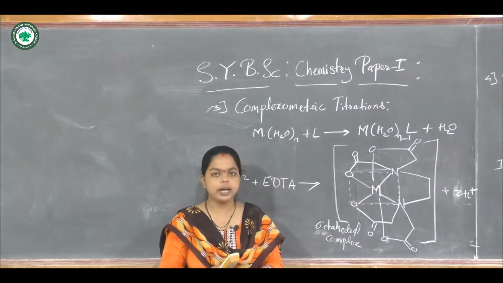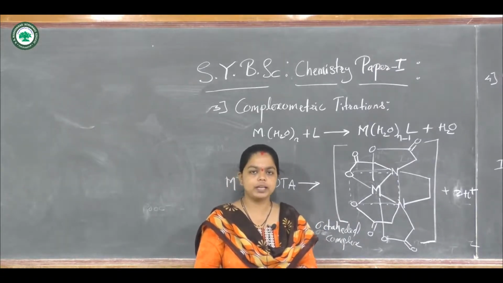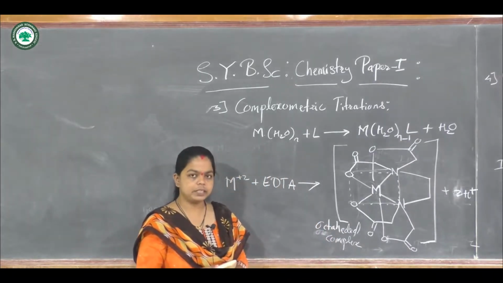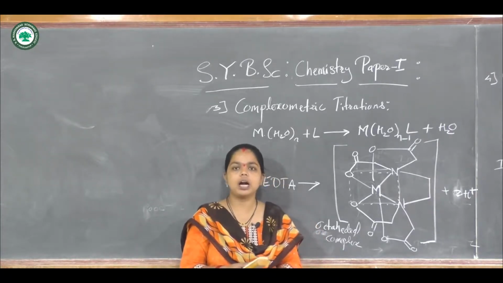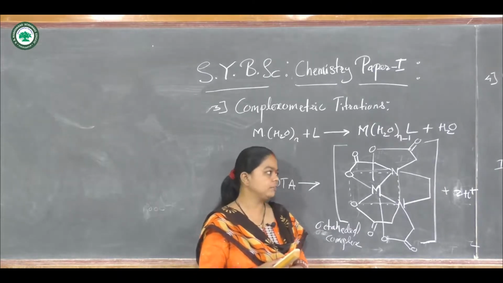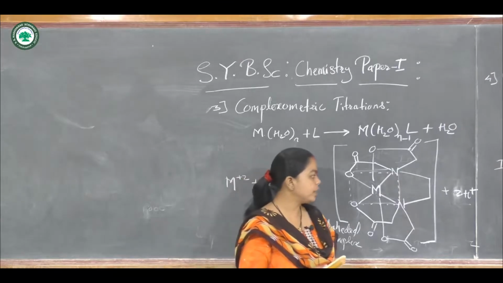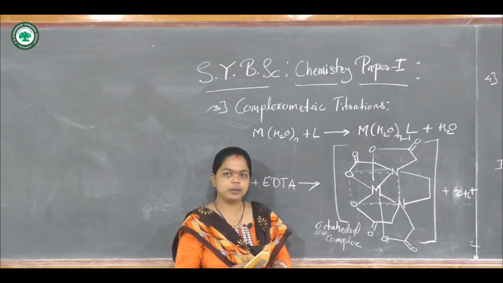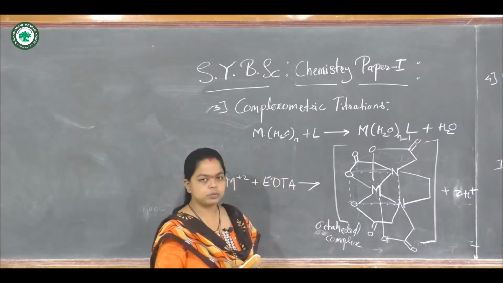Different types of ions are present, but when the concentration of the calcium ion and magnesium ion increases, the water becomes hard. If it becomes hard, we cannot use it for drinking purposes. So in order to determine the exact concentration of the calcium ion and magnesium ion, we can determine the total hardness of the water by using this type of titration, that is, the complexometric titration.